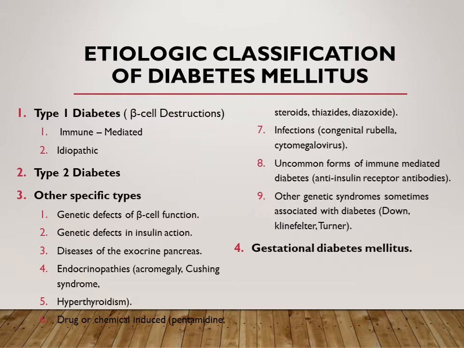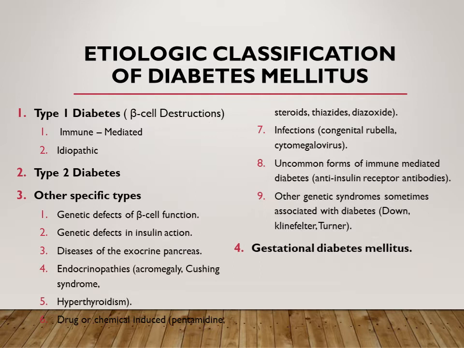Third is other specific types of diabetes mellitus, such as genetic defects of beta cell function, genetic defects in insulin action, diseases of the exocrine pancreas, and endocrinopathies such as acromegaly, Cushing syndrome, and hyperthyroidism. Then drug or chemical induced diabetes mellitus: pentamidine, steroids, thiazides, and diazoxide.